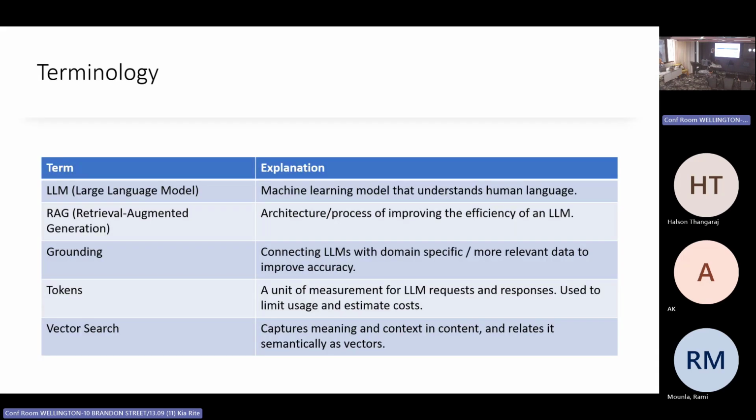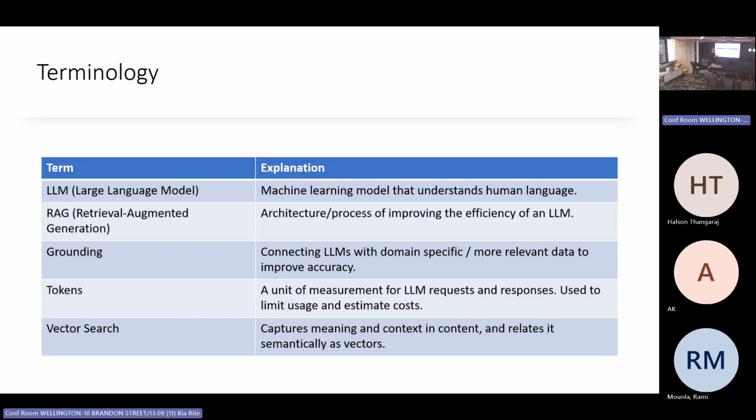Some terminology. Most people know what a large language model is, but obviously it's a machine learning model that understands human language. So it can interact with you just as if you're speaking to another human. Another important concept is retrieval augmented generation, or RAG.